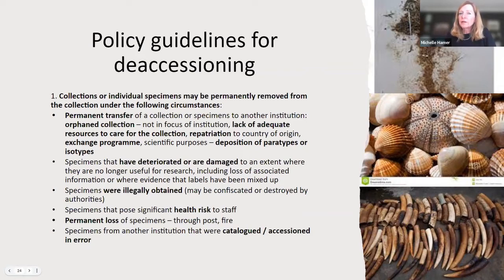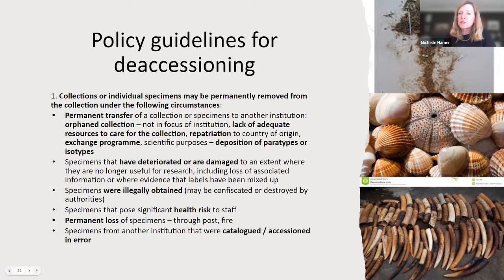And then what about specimens that have been eaten by bugs or are really badly damaged and will never be able to be used for research purposes? That might be where you've also lost the label, or you've mixed up labels and there's no way you're ever going to be sure about which label fits with which specimen. Then they have no scientific value, so they might have to go.